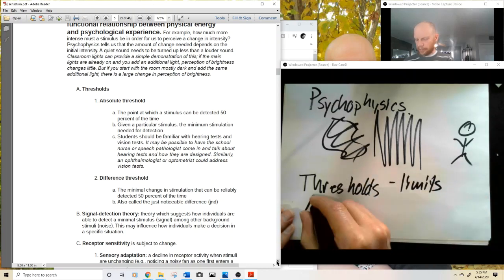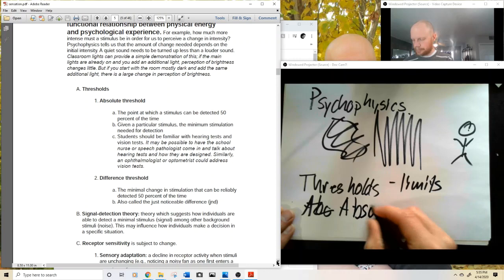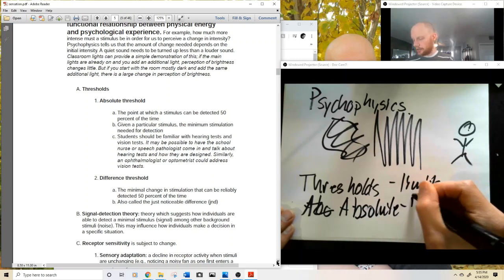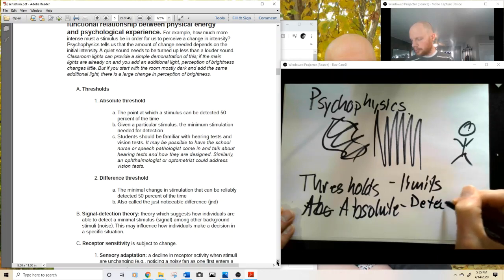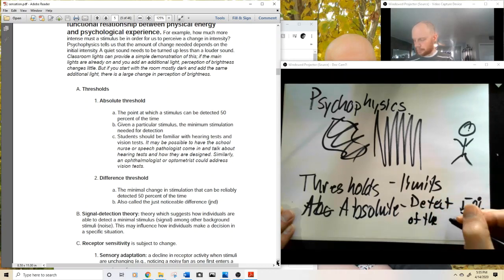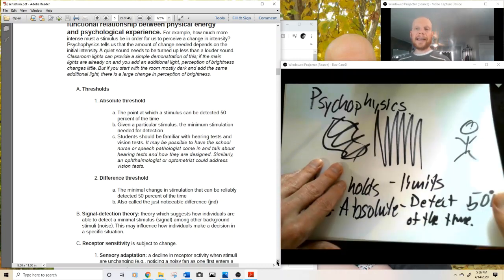So the idea of an absolute threshold is where we can detect a stimulus 50% of the time. This is kind of the statistical basis for, oh, I can actually detect this.